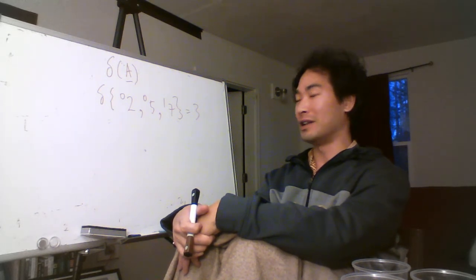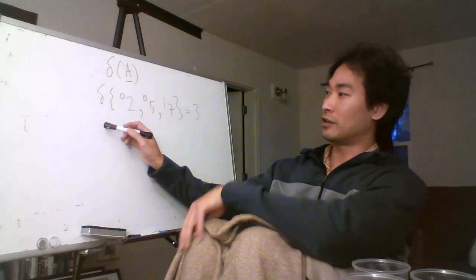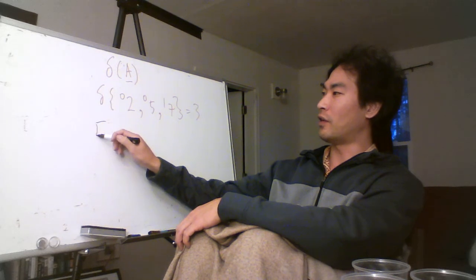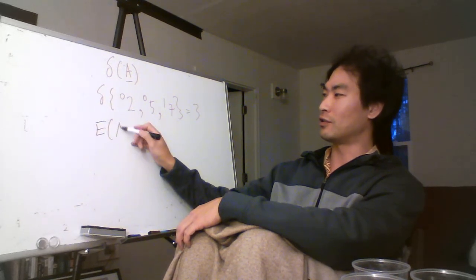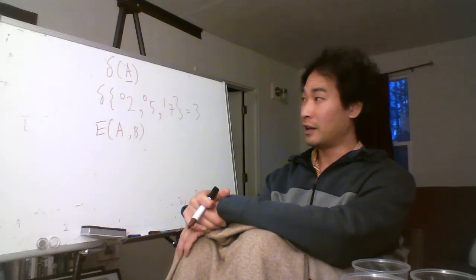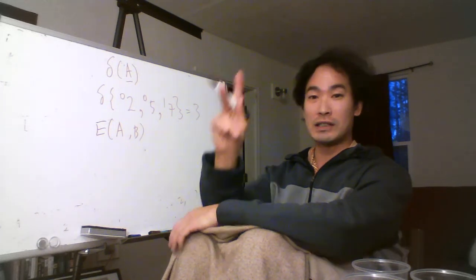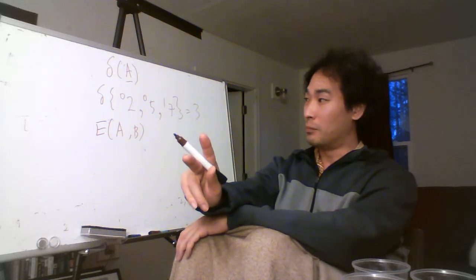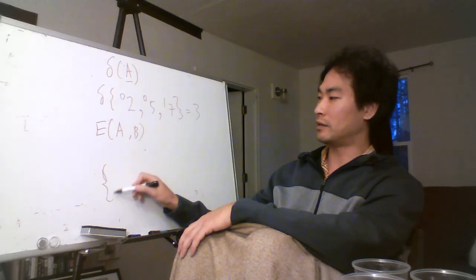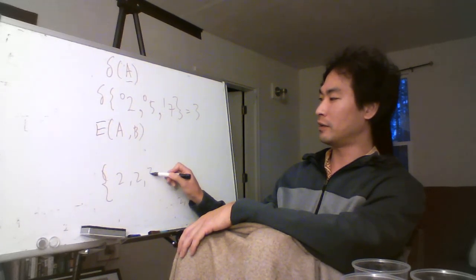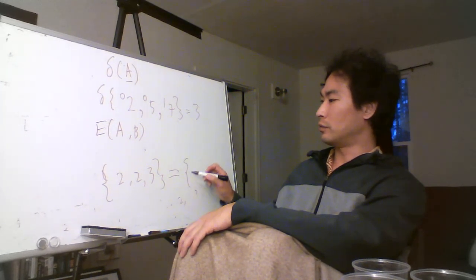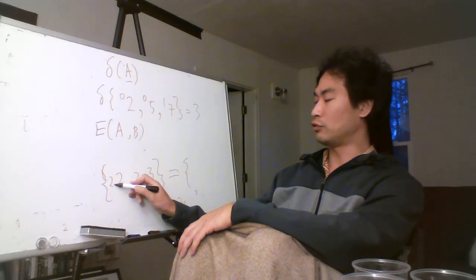So now we need to formally define what expansion function is. Expansion function is also a kind of morphological function. Meaning, even if two sets are mathematically the same, morphologically they are different. Like, for example, set 2, 2, 3, they're mathematically equal to, let's put one more, 2, 2, 2, 3.